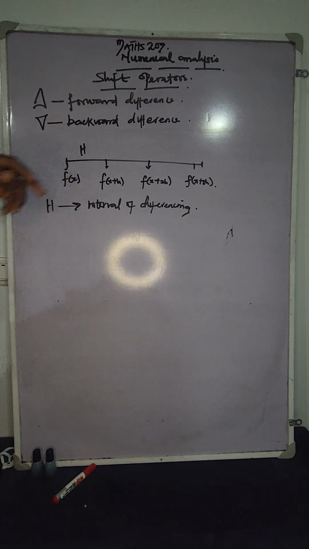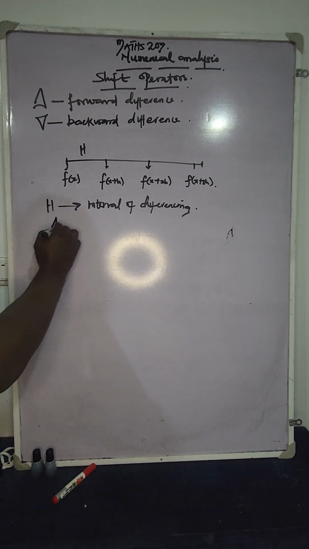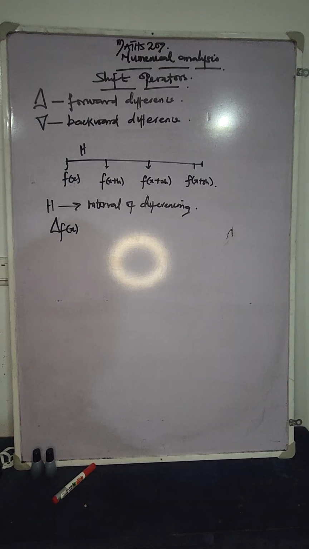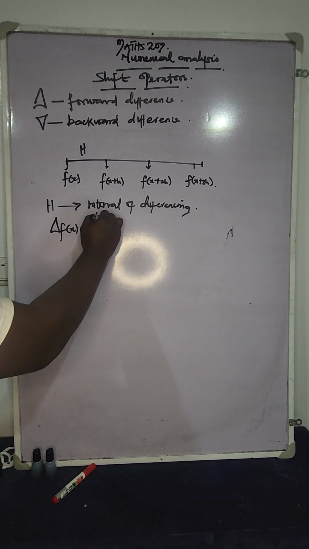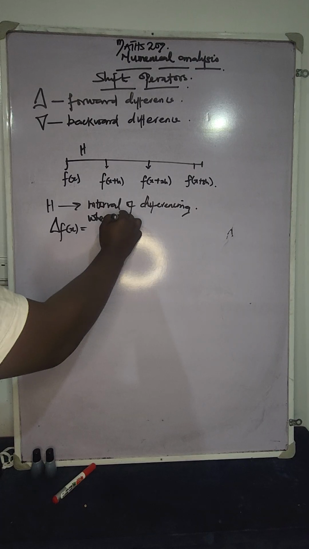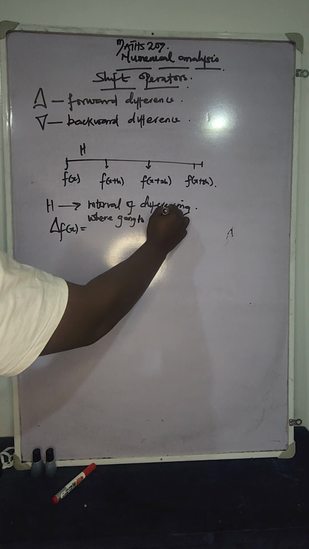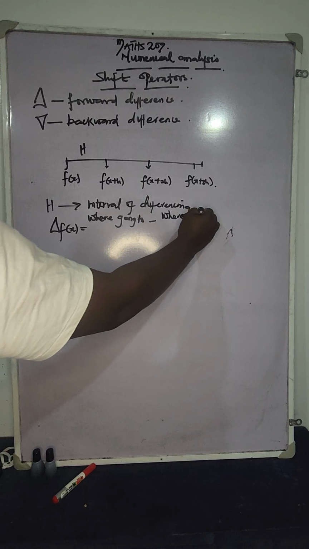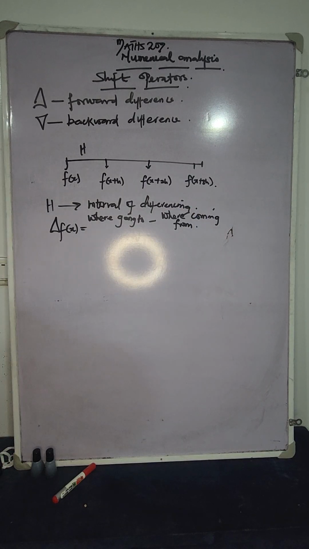So now that we have it as the interval of differencing, it means that the forward difference of f of x is where we are going to, minus where we are coming from. This looks strange, right?